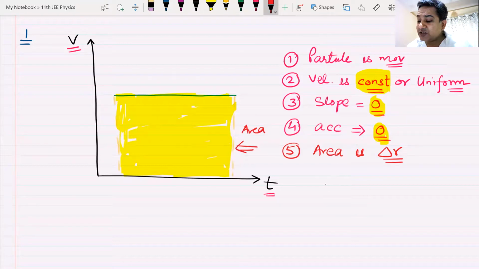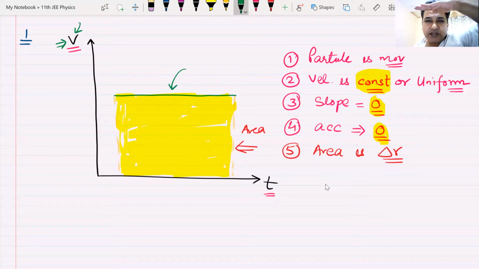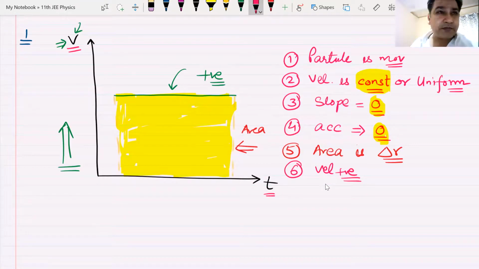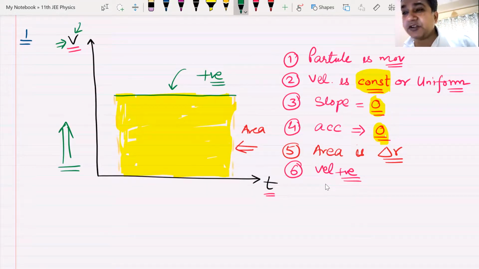But again remember, displacement is a vector quantity. Here we talk about velocity, so it must have a direction. What is the direction of the velocity? It is positive above the time axis. Velocity is a vector. It has plus or minus. Displacement is also a vector. It should also have a sign, plus or minus. Is the displacement positive or negative?